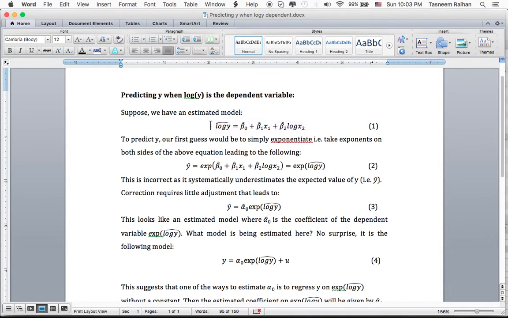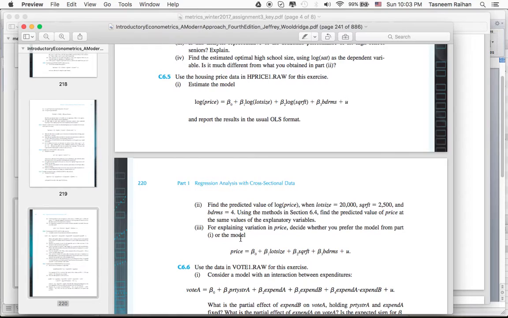For this model, r squared would be nothing but the correlation between log y and log y hat. That's one of the interpretations of r squared. Because this is a very simple way of defining or estimating r squared, we can use this idea in answering this question.